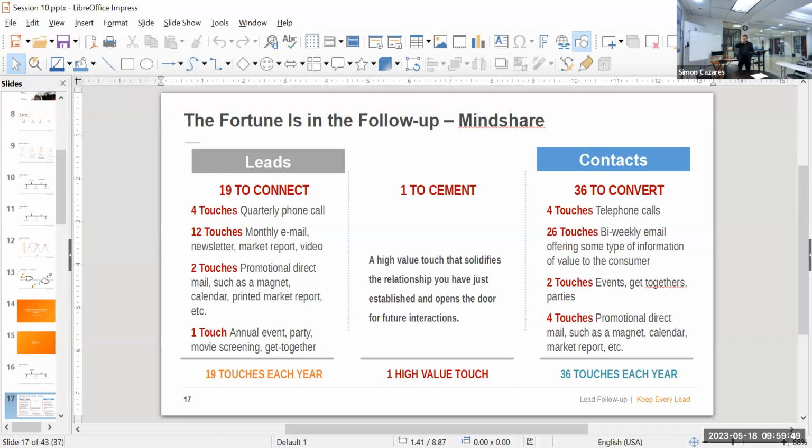So a contact is somebody who comes to an open house and says, okay, we're ready to buy and we're looking for an agent. We put that under contact, because a lead is somebody that's not quite ready.